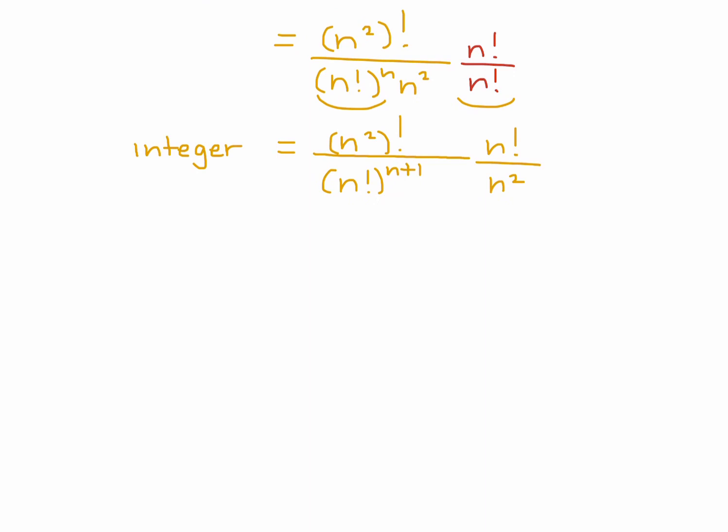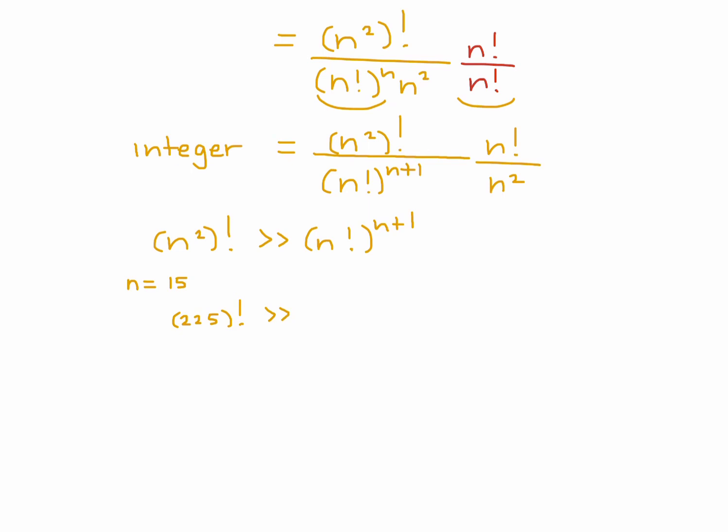Now, notice that if you just look at this term, that n squared factorial is going to be much greater than (n factorial) to the power of n plus 1. For example, if you had n equal to 15, this part becomes 15 squared factorial, which is 225 factorial.